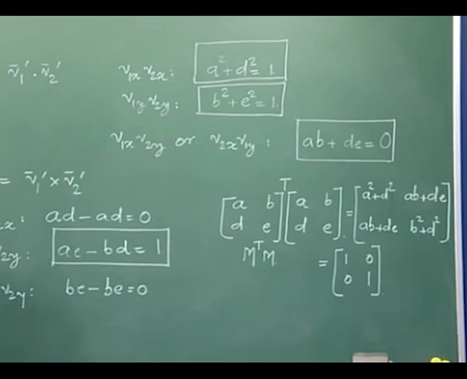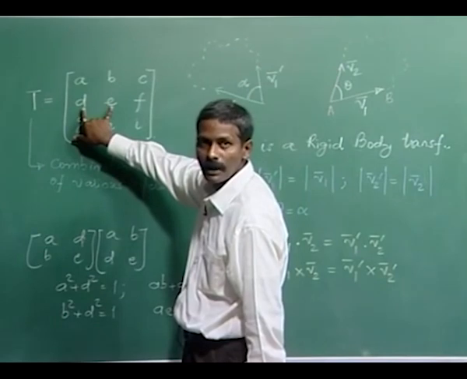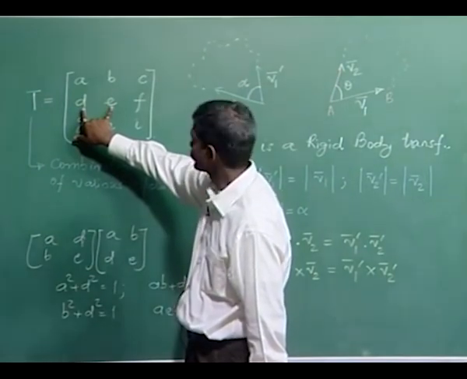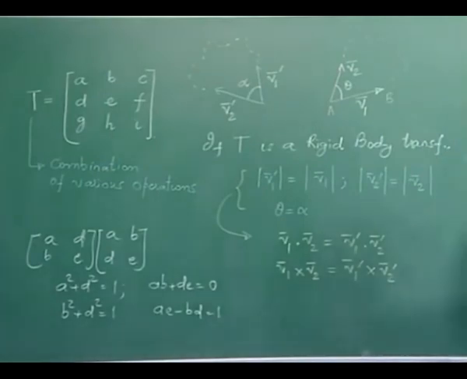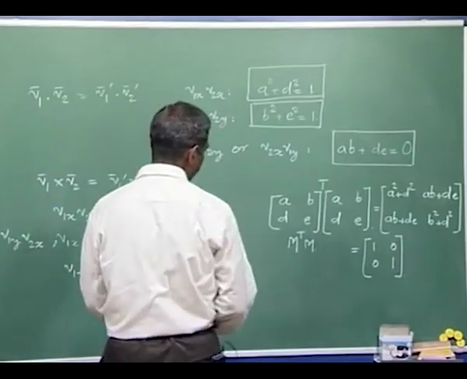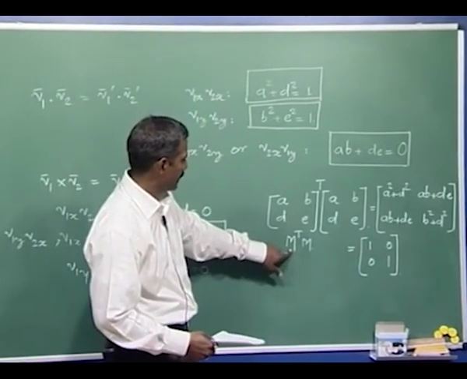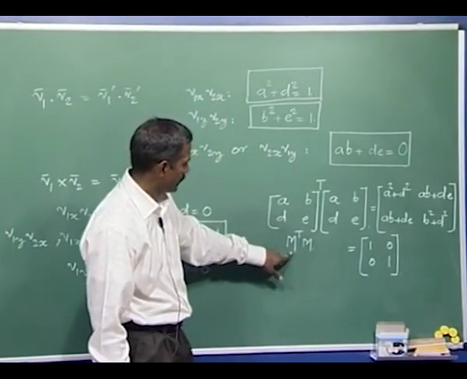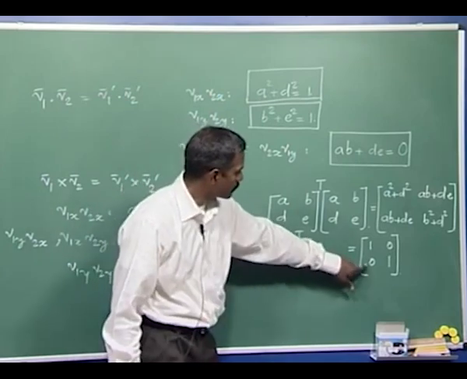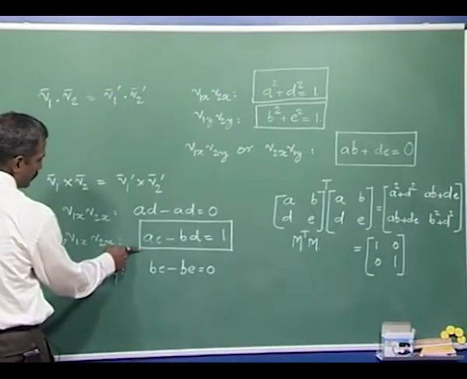And this is precisely one of the properties of the transformation. This 2 by 2 submatrix is orthonormal. Orthonormal matrices are those for which, if M is to be an orthonormal matrix, then M transpose M equals I. How about this 4th condition here?